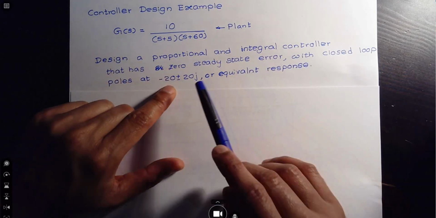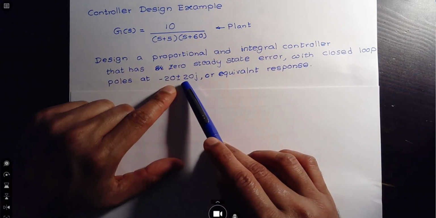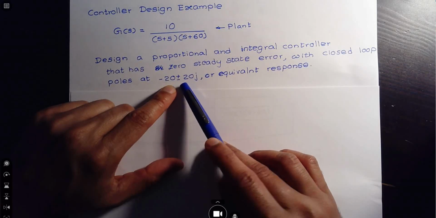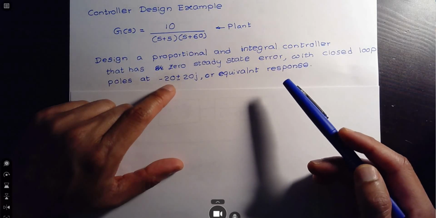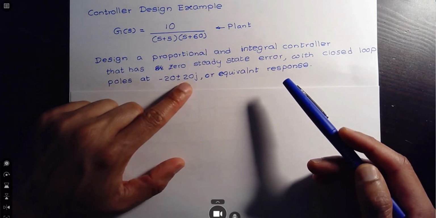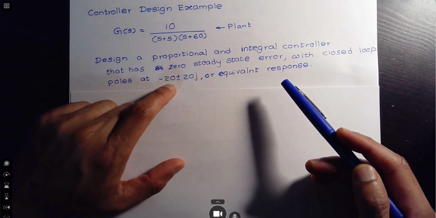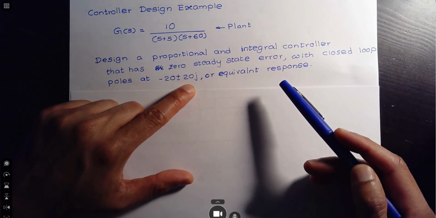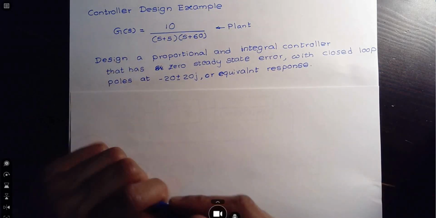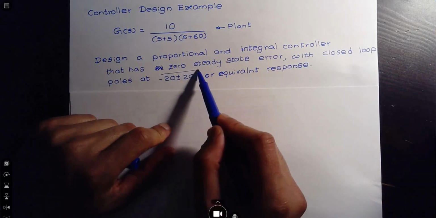And then the second is you are provided a characteristic response, or your final controlled response should have a response that's similar to a second order response that has the following poles in the S-plane. Okay, now you don't have to have it in the form of poles.